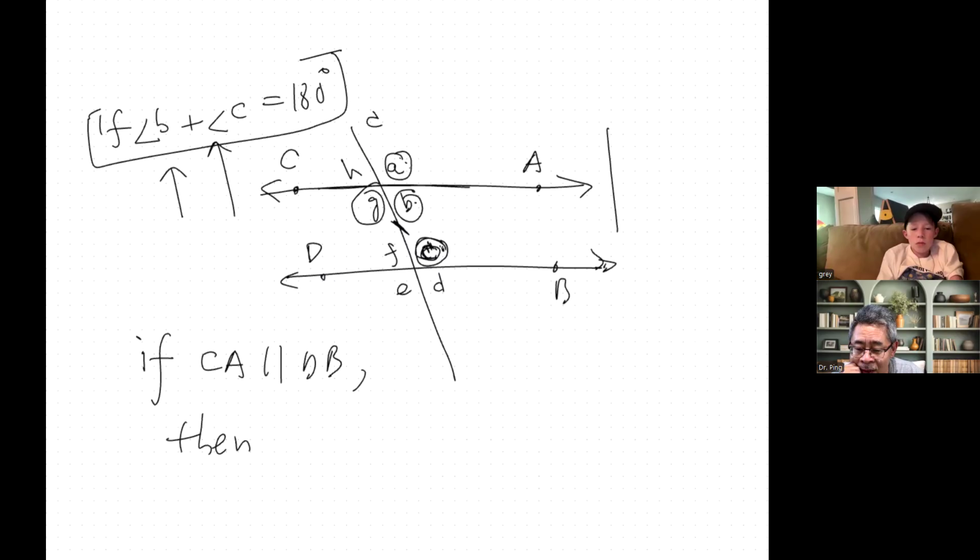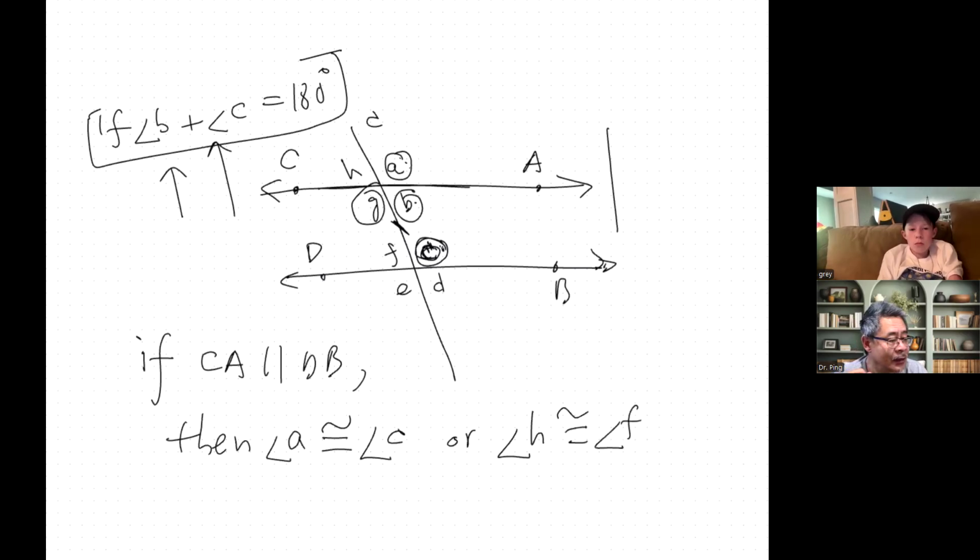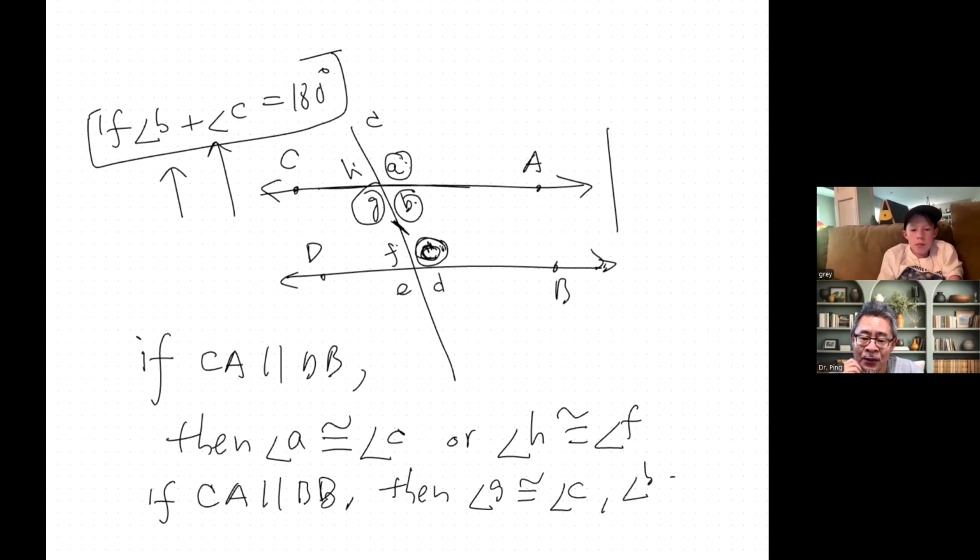That means angle A is congruent to angle C, or angle H is congruent to angle F. Then, if CA is parallel to DB, the alternate interior angles are congruent. So G is congruent to C and B is congruent to F. Good?